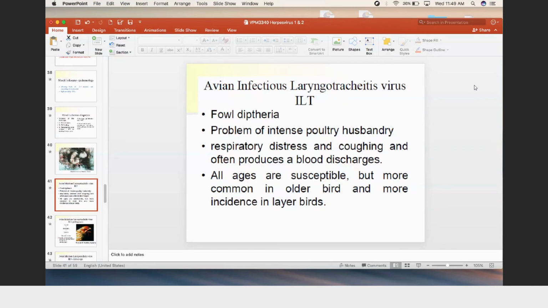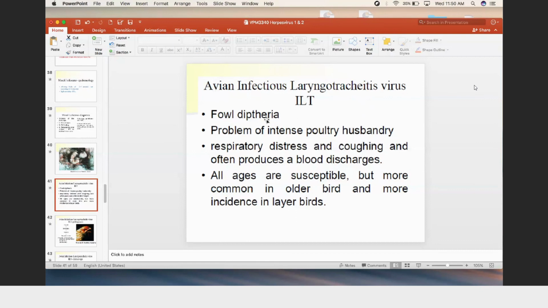So this is another important virus here, avian infectious laryngotracheitis virus, ILT. You need to remember the significance of this one is related to the chicken pox virus. Not chicken pox, sorry. Chicken pox is human. Fowl pox virus is the pox virus in chicken. The characteristics of fowl pox virus lesions are very similar to avian infectious laryngotracheitis virus infection.